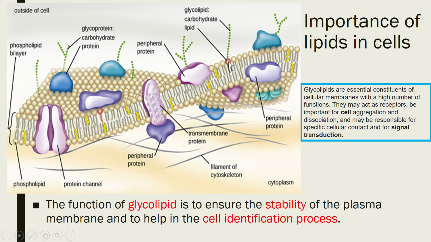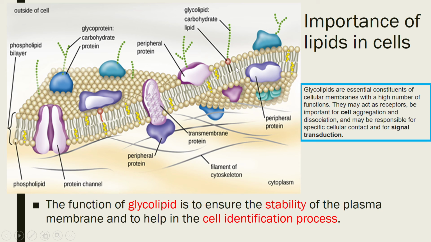If this emerges out from the head of the phospholipid, you call it a glycolipid. Glyco here refers to the carbohydrate component. Lipid here refers to the lipid structure.